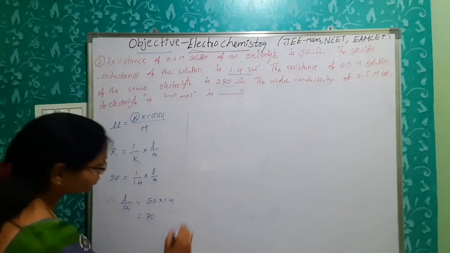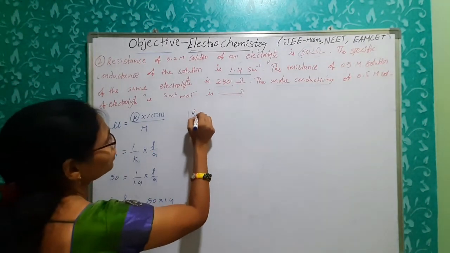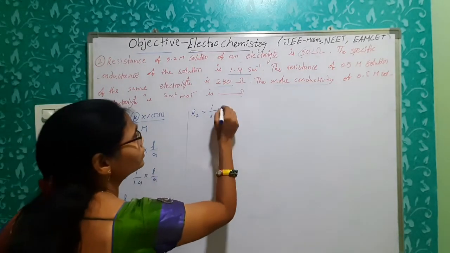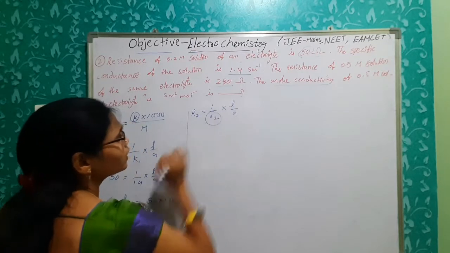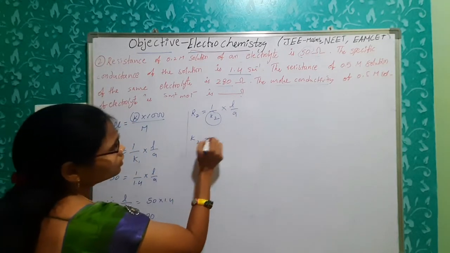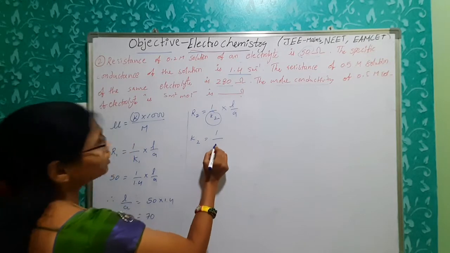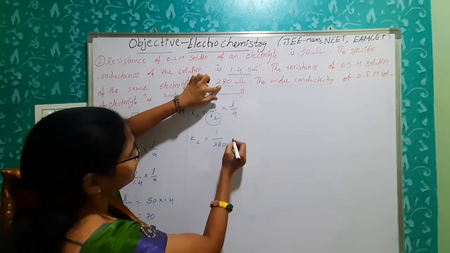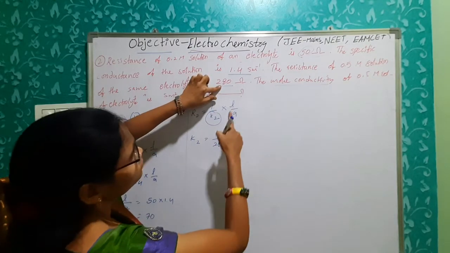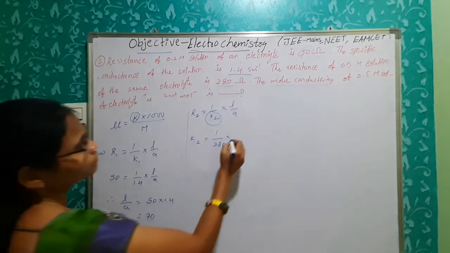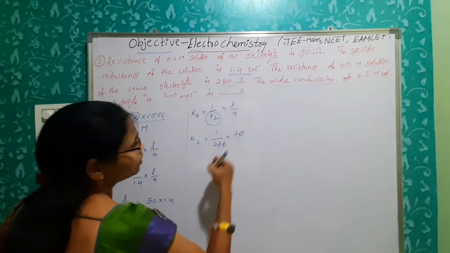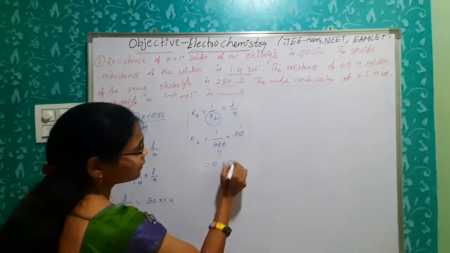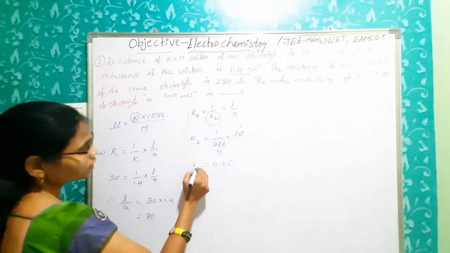Next, R2 is equal to 1 by K2 into L by A. Now K2 is 1 by R2, where R2 is given as the second resistance 280, into L by A, which is 70. That gives 0.25. So K2 is nothing but 0.25.